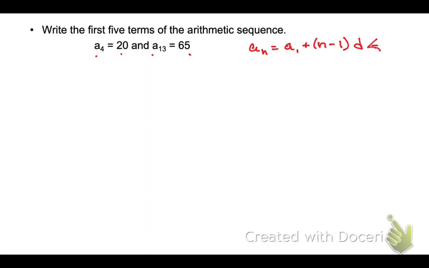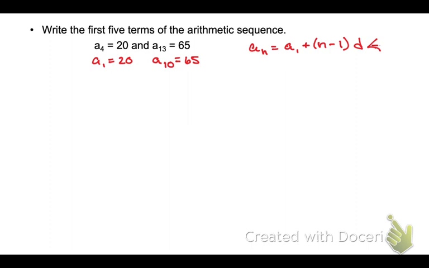Okay, so what I like to do is make this a sub 1 for right now. So if 4 is a sub 1, what does that make 13? A sub 10. How did we get 10? That would be the subtract 3. 4 minus 3 gave me 1, right? I had to bring it back. Okay, so now can I plug this information in here?